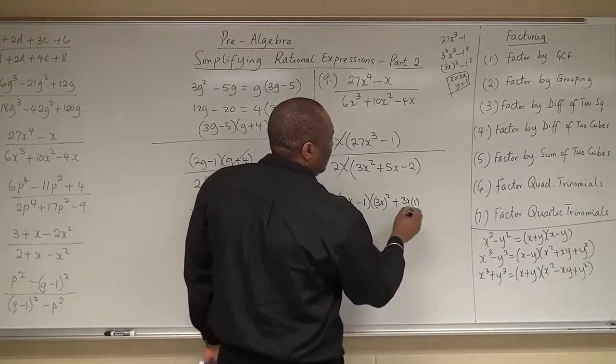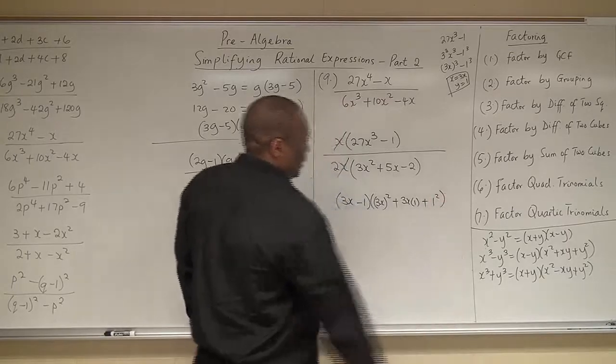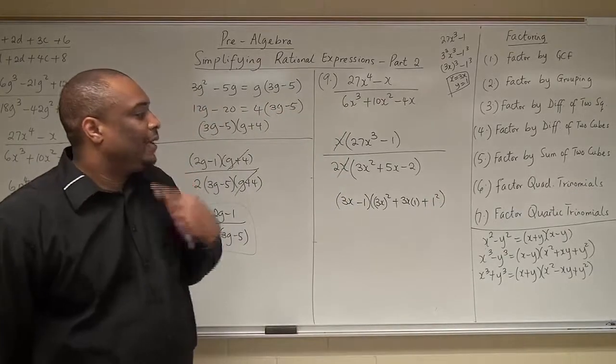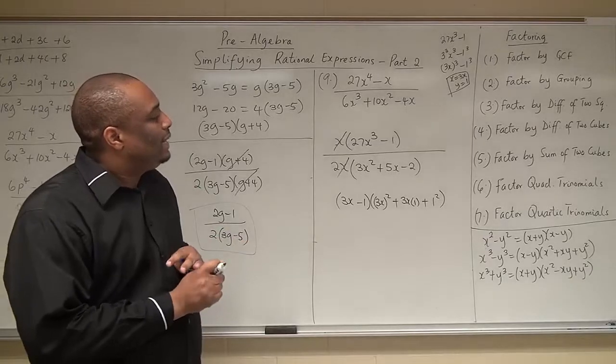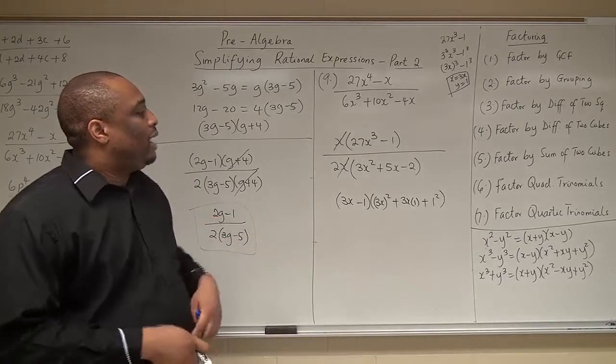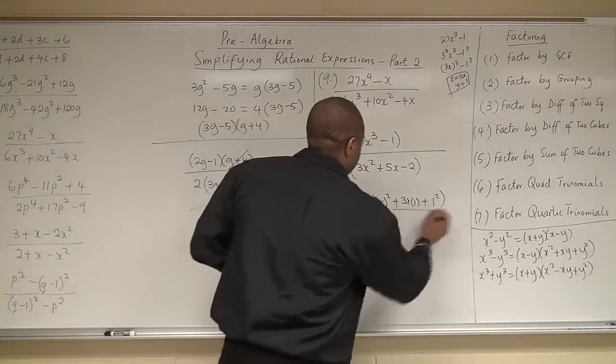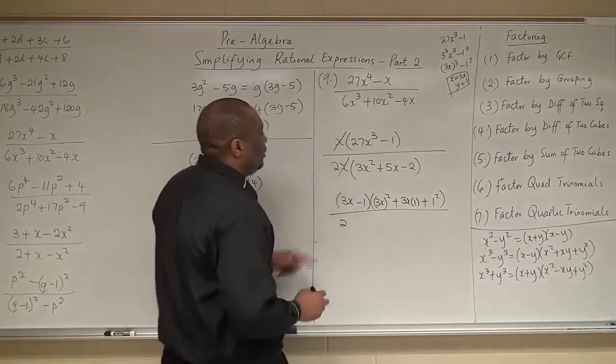Okay? Plus 1 all squared. Are you with me? X is 3x in this case, and then our y is 1. So wherever we see x, we put 3x. And wherever we see y, we put 1. Now, all over 2, this 2 is this 2.